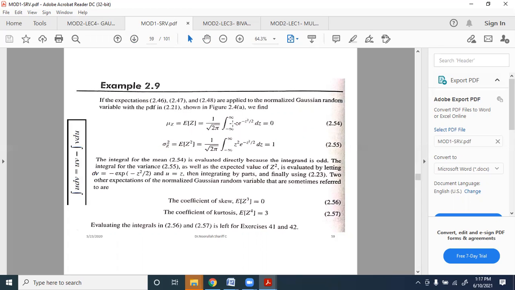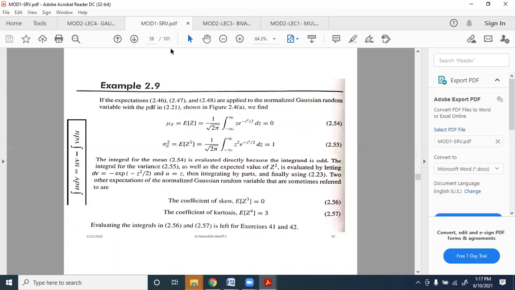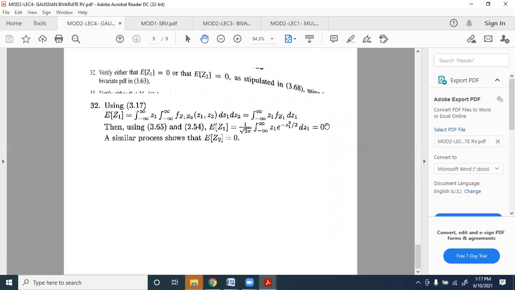This is what we have over there, and that is what we have got at this place. Same thing. This equation itself is the one which is there here, and that's why it is equal to 0. So use the equations 3.17 and 3.65 to get the value of this. Similarly, we can use the same set of equations 3.17, 3.64 and 2.54 to get E of Z2 equal to 0.